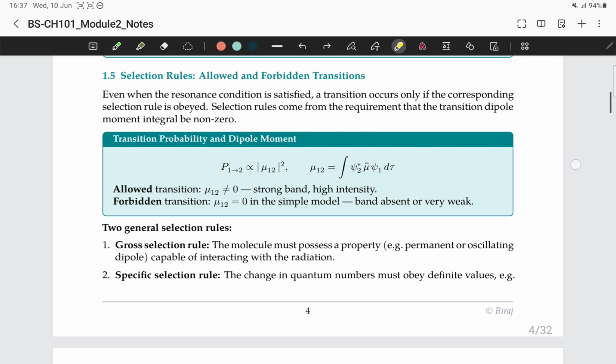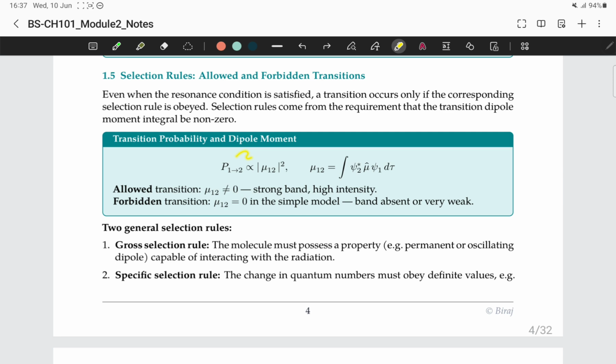Then the selection rule. When the resonance condition is satisfied, we go for the selection rule. It comes from the requirement that the transition dipole moment integral be non-zero.